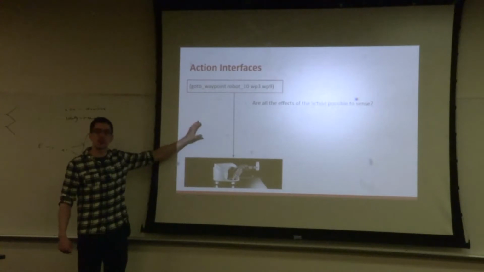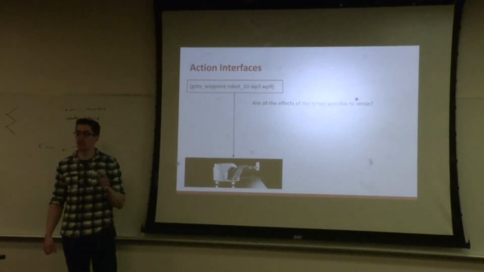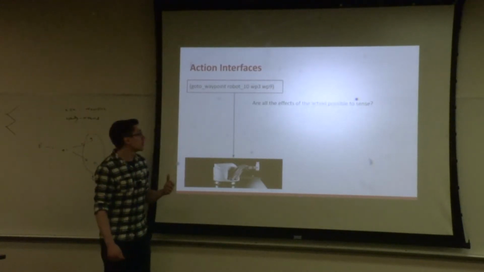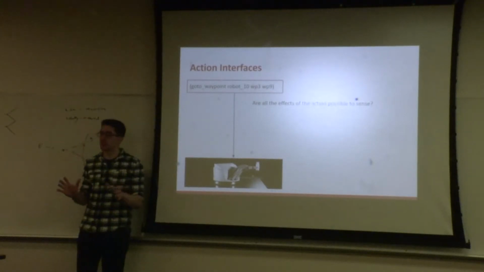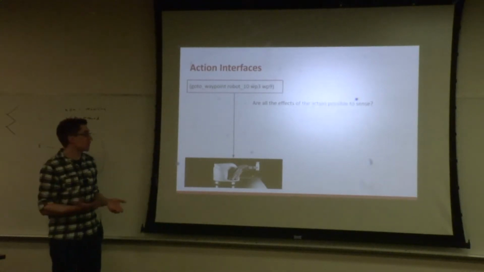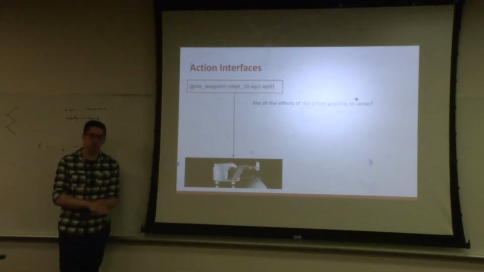If you're executing an action, push the button, and there's no sensor that allows the robot to know whether or not the button has been pushed. One thing you can do is to say, well, I did the action, it returned success, it said that the arm completed the motion. I'm going to update the knowledge base and say that the button has been pushed. It's not unreasonable. It's done in navigation all the time.